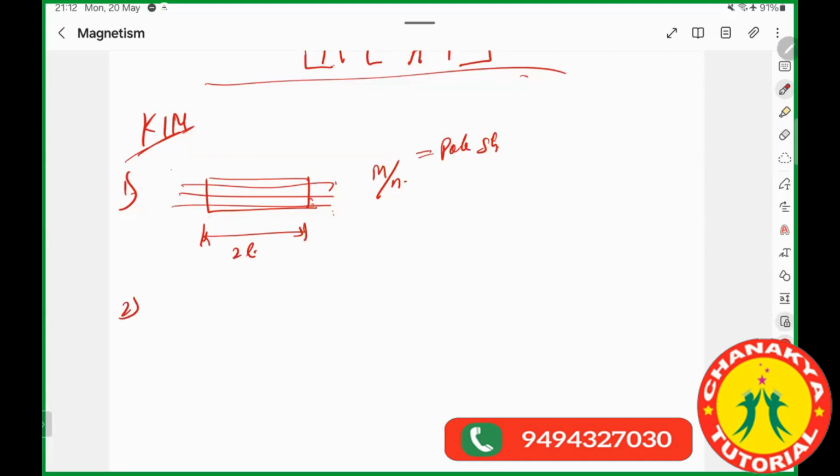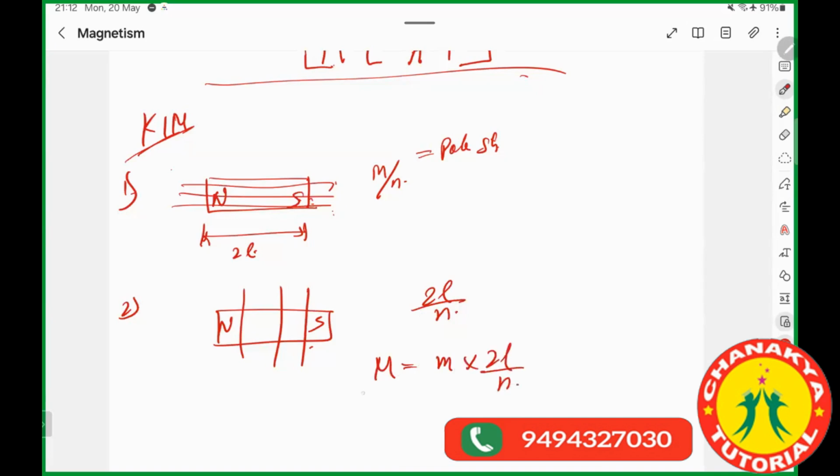Next, if the bar magnet is divided by a perpendicular cut, north south, north south, then 2L will be divided into L parts. Here m is constant, so your magnetic moment will be m into 2L by n.